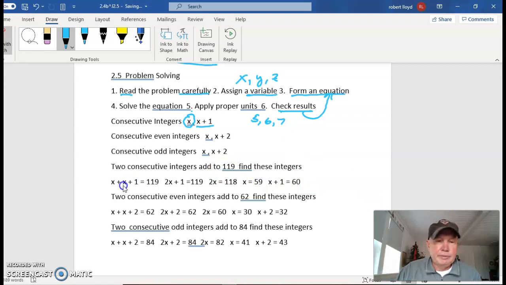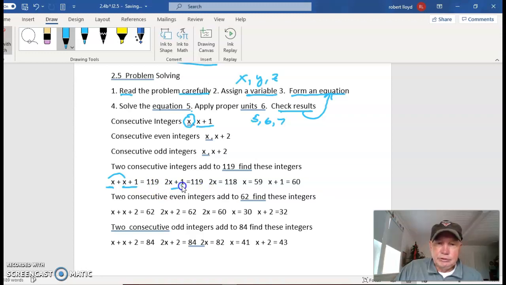So let's look at an example. 2 consecutive integers add to 119. Find these integers. So we said the first one is X. The next one's got to be one more than the first one, so it's X plus 1. And that equals 119. So we combine these X's, 2X, we still have our plus 1 equals 119.